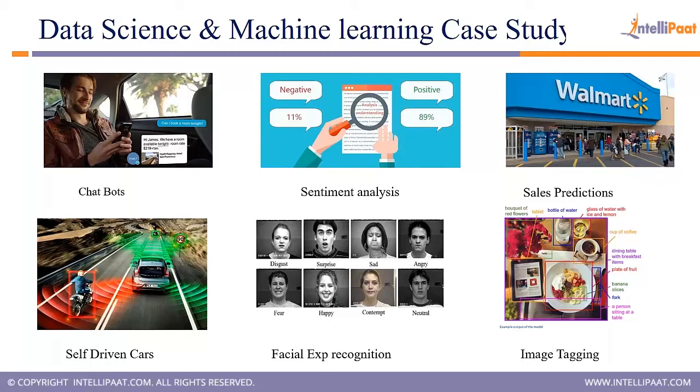One example I want to emphasize more is facial expression recognition. One of the interviews we faced was with a company that conducted a Skype interview, and in the background they were running an algorithm which tries to detect your emotion when you give an answer, right?